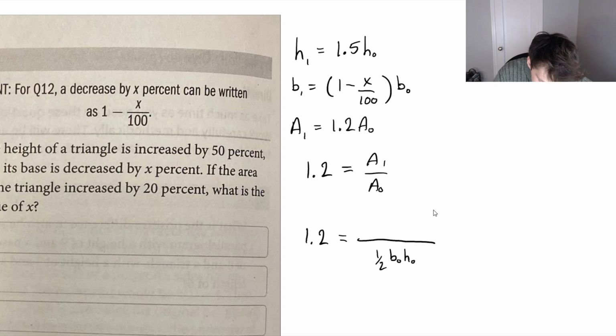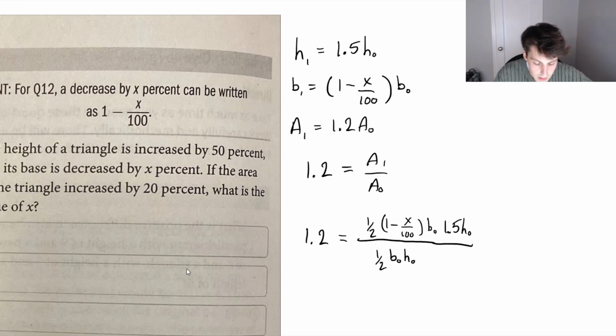The numerator is going to be half, and then b1, which is 1 minus x over 100 times b naught, times the height, which is 1.5 times h naught. And now I can see here, lots of things cancel out.